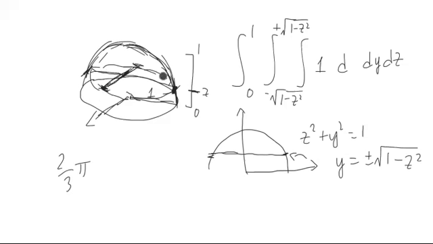All right, so we know this is going to be a semicircle going like this, and we know its radius is just that y value right there. What is that y value? We know that y value is the square root of 1 minus z squared. So that'd be the radius of that shape.